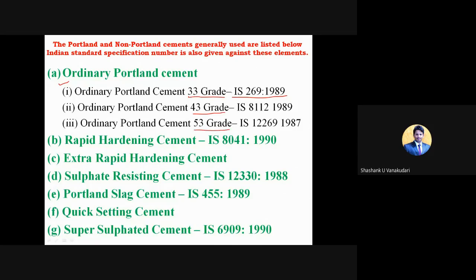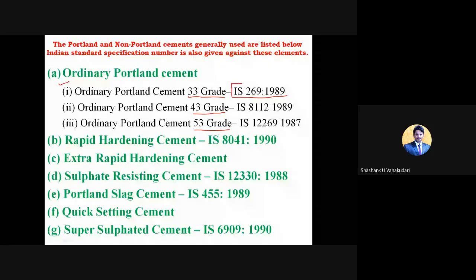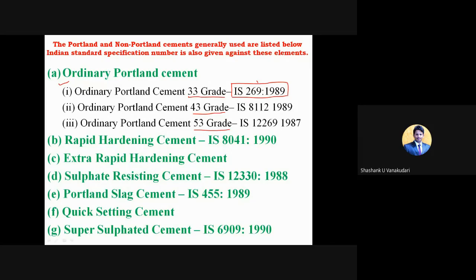Along with this they have given the IS code numbers also. These codes give you all the specifications about, for example, the ordinary Portland cement of 33 grade. All the specification, in the sense of how exactly that cement should be while using it in construction, and all the properties have been mentioned there.